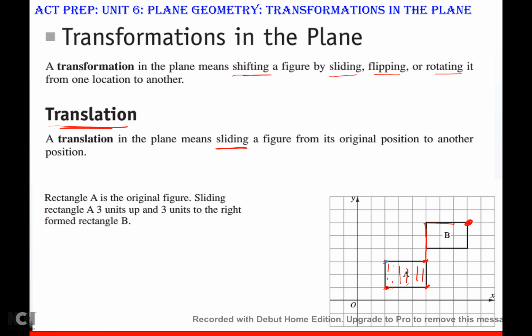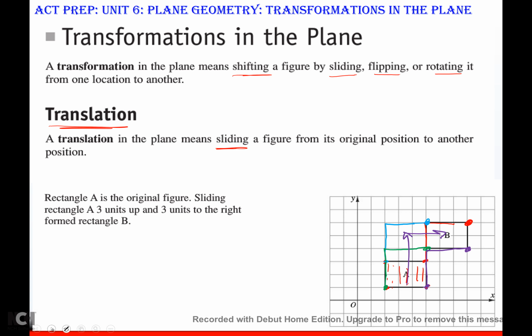If I move this corner up 1, 2, 3 and right 3, that puts that corner there. If I take this point and go up 1, 2, 3 and right 1, 2, 3, it puts it right there. And my last corner, up 1, 2, 3, right 1, 2, 3. And so we just slid it. We slid it up and then we slid it over.